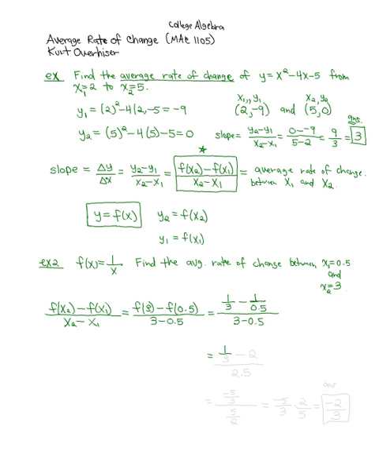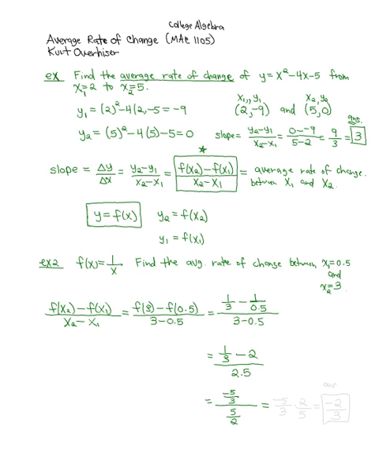So we get 1/3 minus 2 divided by 2.5. So 1/3 minus 2 is negative 5/3, and we're going to divide that by 2.5, which is 5/2.